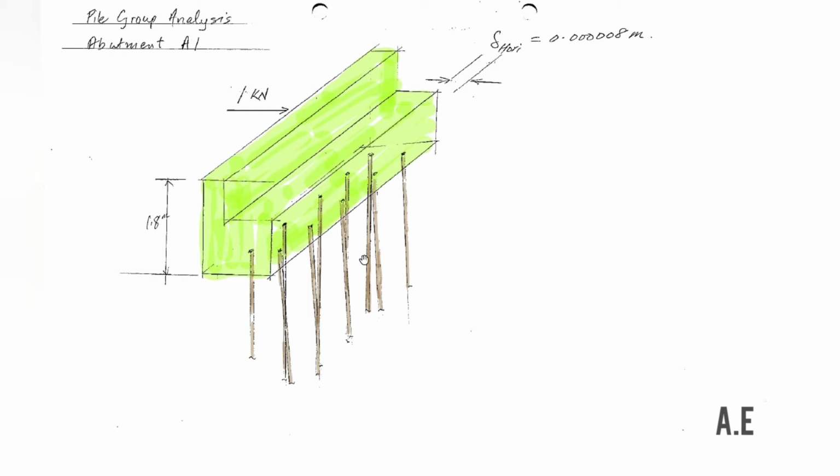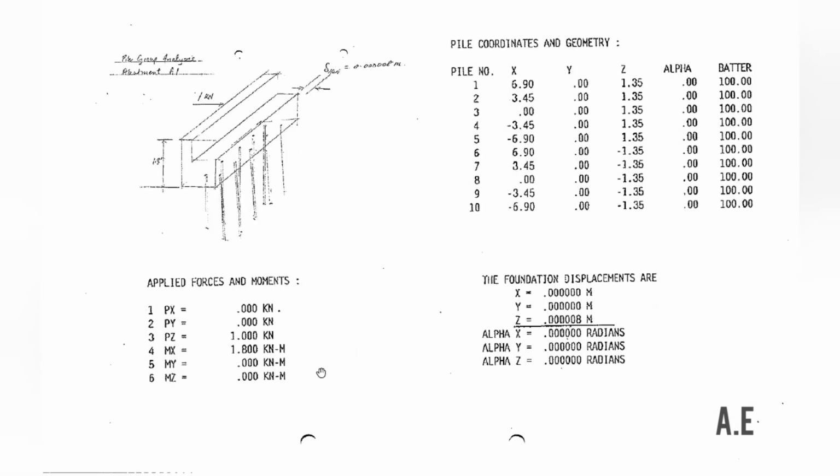In this example, a horizontal force of 1 kilonewton will produce a horizontal deflection of 0.0008 meter, and the output is shown here, 0.008 meters, when the force of 1 kilonewton is applied together with a small moment of 1.8 kilonewton meter due to the height of the abutment above the pile group.